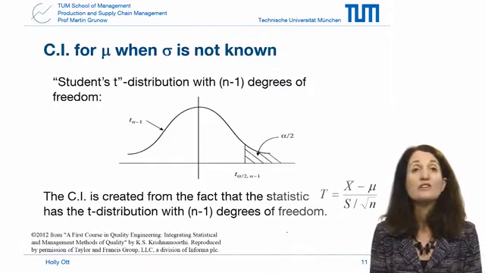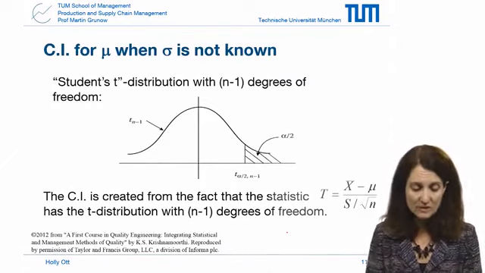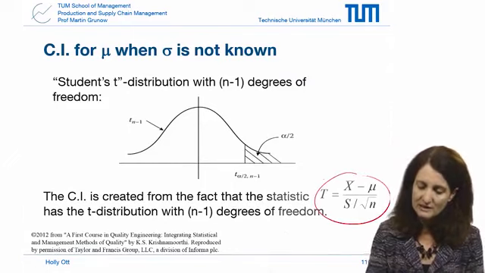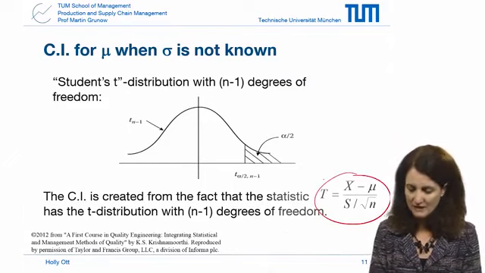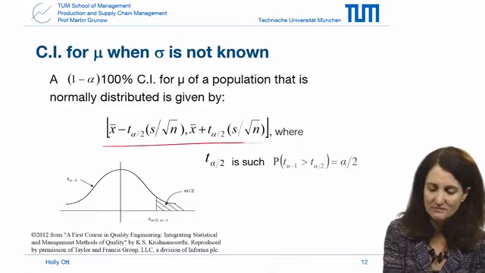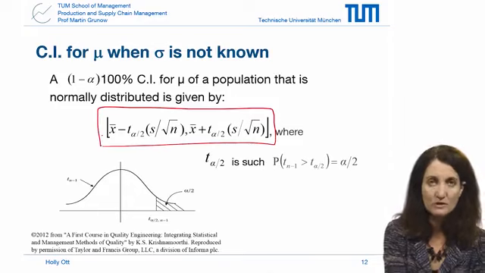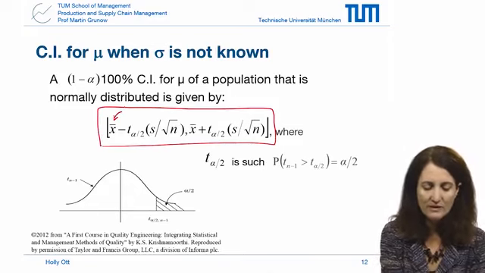Well, we want to create a confidence interval for mu when sigma is not known, and we need to use the statistic t. And what we need to find, we go and look at the equation, it's exactly the same equation. So there's no need to worry about learning anything new. We have the x bar value.